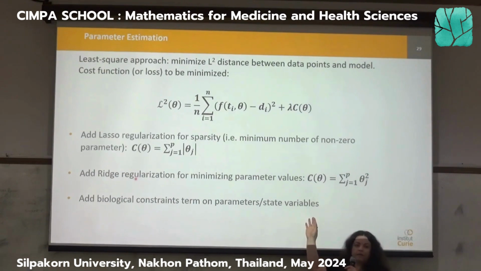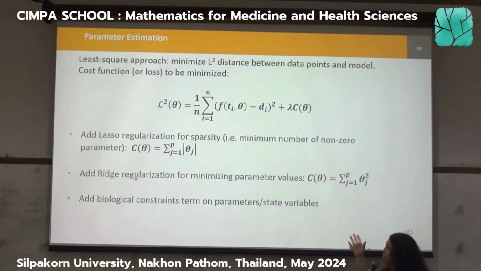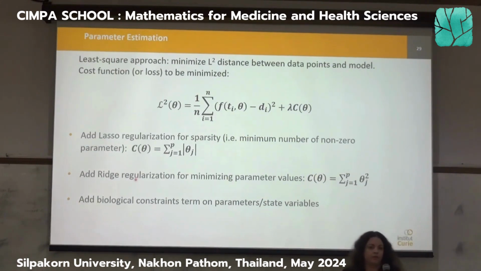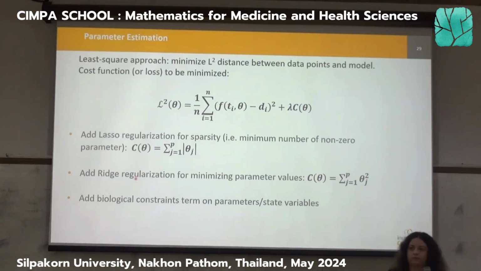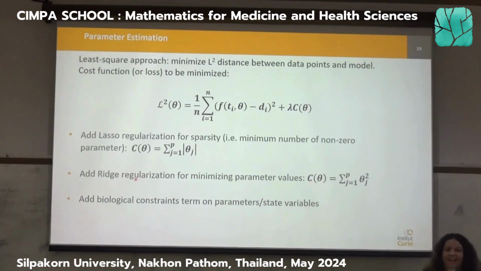So let's say I have some biological constraints, something that is not in my data, but that I want to put here, something like qualitative constraints, for instance. Let's say that I want some variables to be greater than the other one.